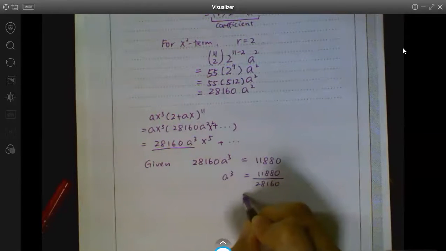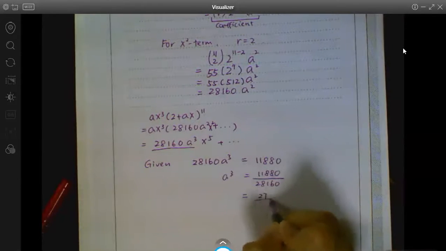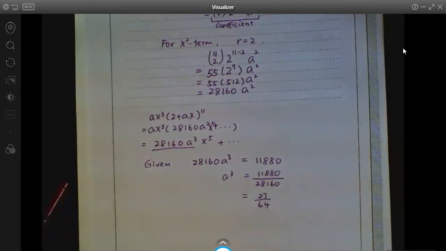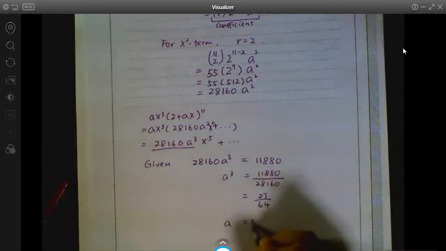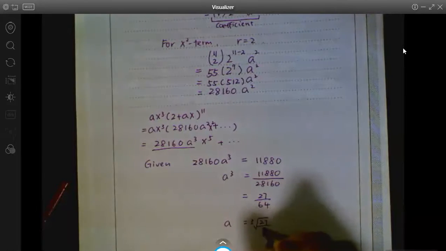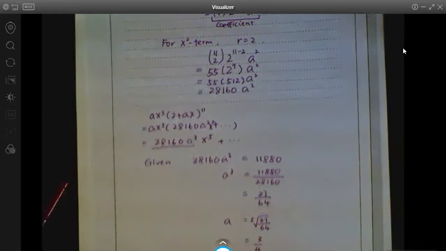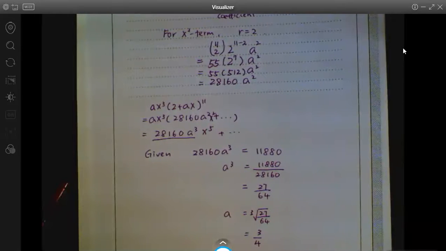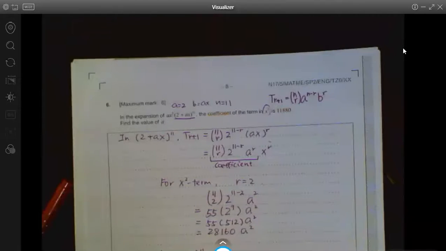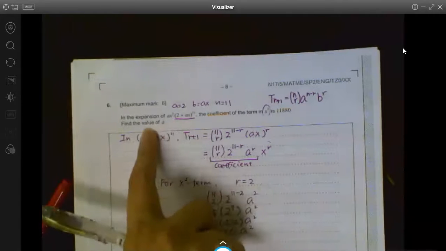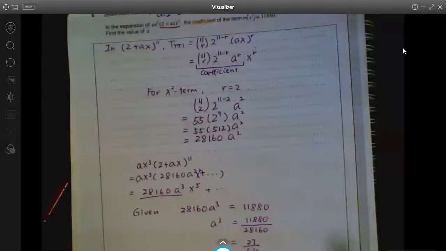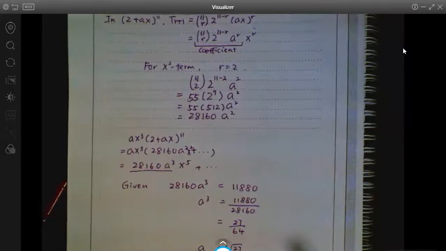Again, using the calculator, you will get 27/64. Make sure you can get that. And then to find a, we just take the cube root. And I like to leave it in fractions. Okay, and check the question again. Have we answered everything? The question says, find the value of a. It is singular, so I have one answer, so I should be good. That's all for this video.